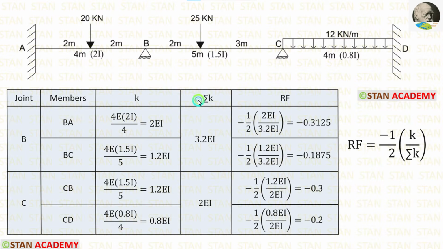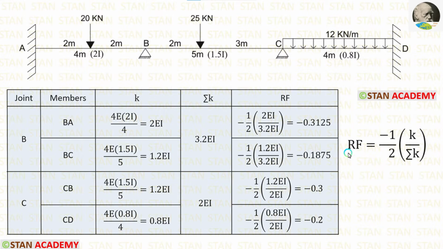Now let us calculate sigma K, that is the summation of the stiffness. In the joint B, there are two stiffness values. When we add them, we are getting 3.2 EI. In the joint C also, there are two stiffness values. When we add them, we are getting 2 EI.